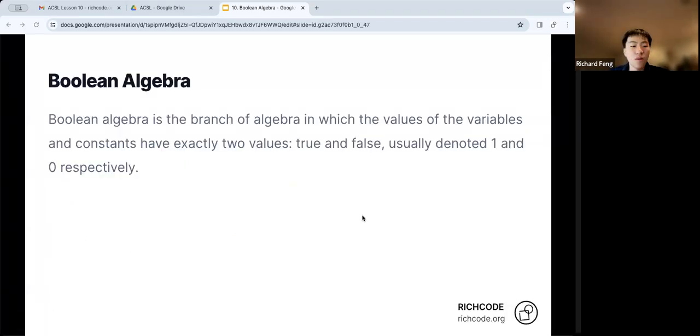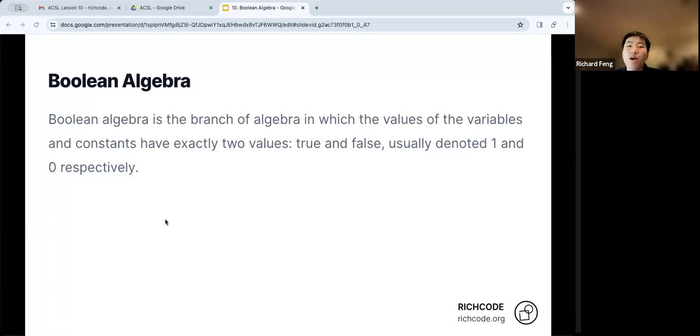Boolean algebra is the branch of algebra in which the values of the variables and constants have only two values, true and false, usually denoted as 1 and 0 respectively. In Boolean algebra, we perform operations with these variables, and the basic operators are and, or, and not.